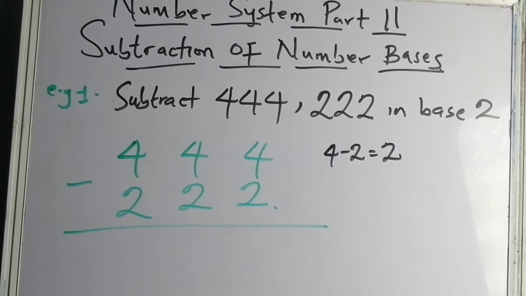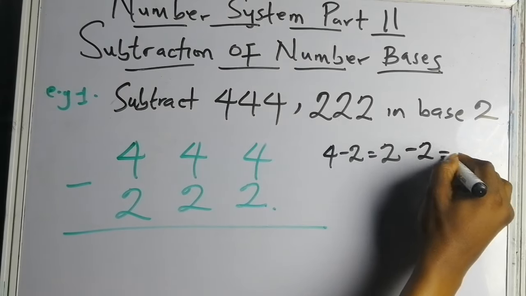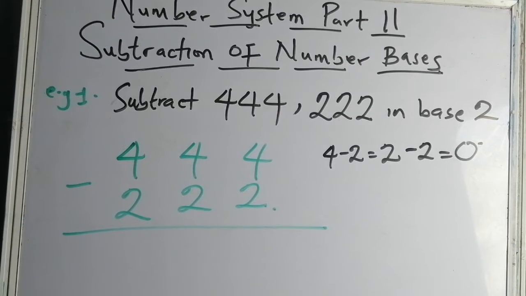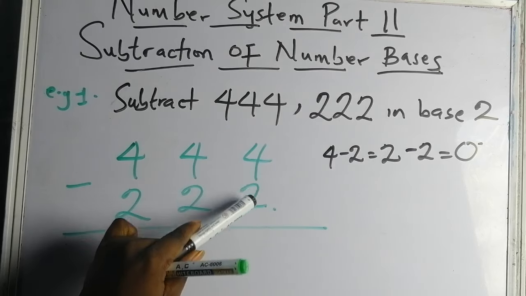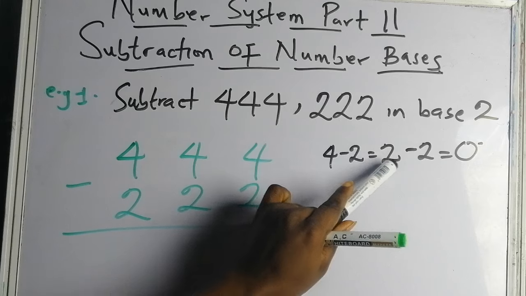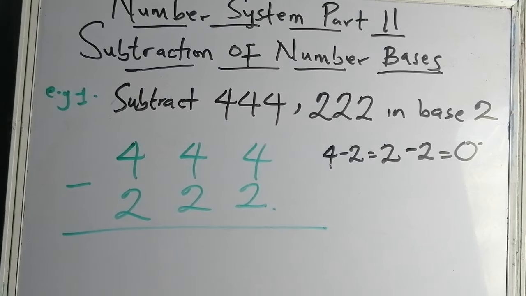And I'm working with base 2, so I can still subtract 2 again, and that will give me 0. So 4 minus 2 is 2, and I can subtract it again. The 0 that is remaining is not up to base 2, so I'll write it.